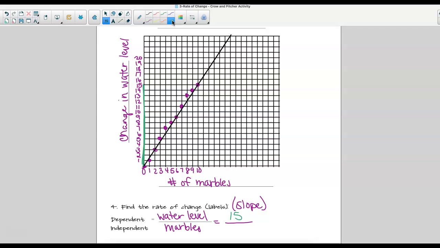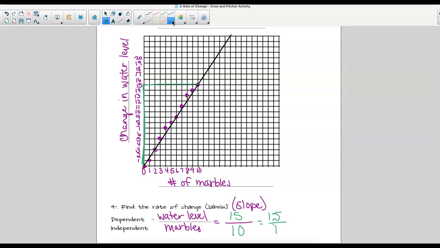Okay? How many marbles did we place in from the first to the last? 10. Everybody should have 10. Okay, this is a rate, 15 to 10. We want a unit rate. I'm going to divide 15 divided by 10. And what I end up getting is 1.5 over 1.